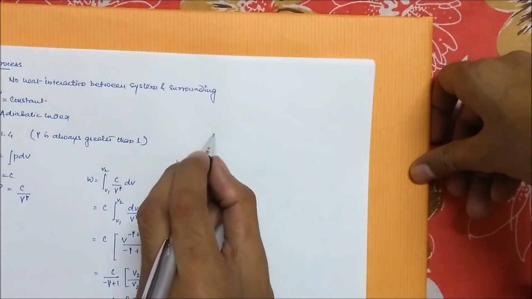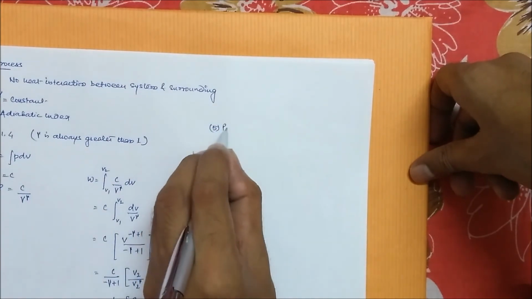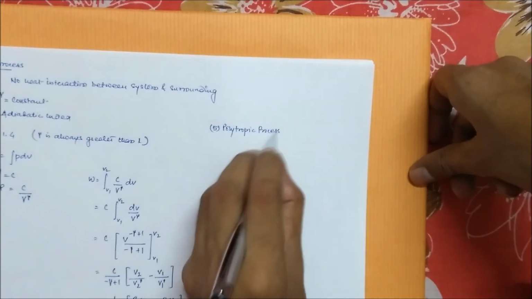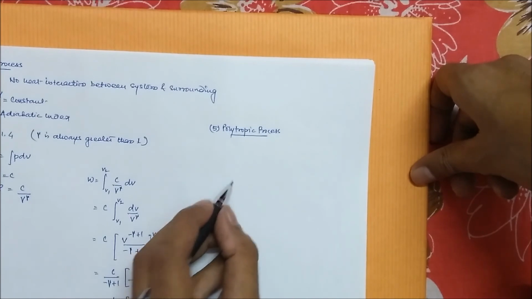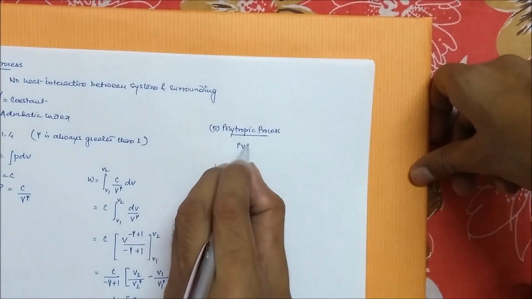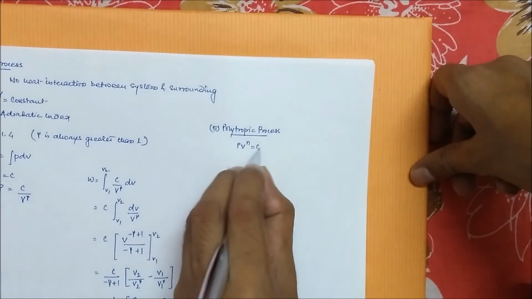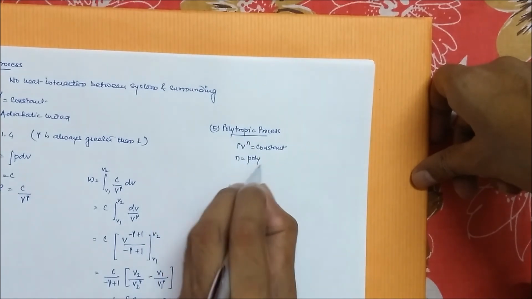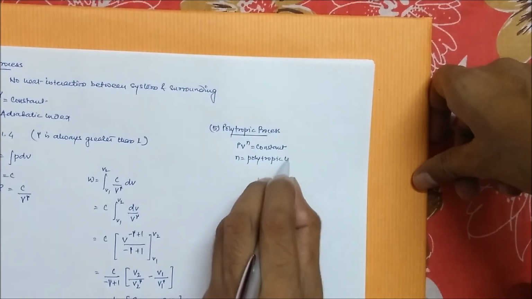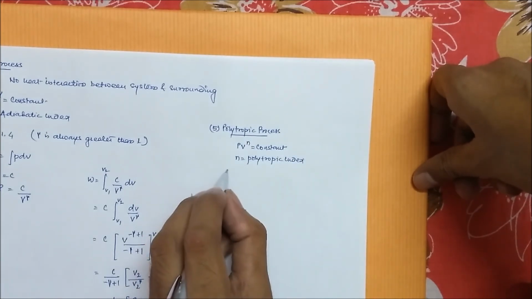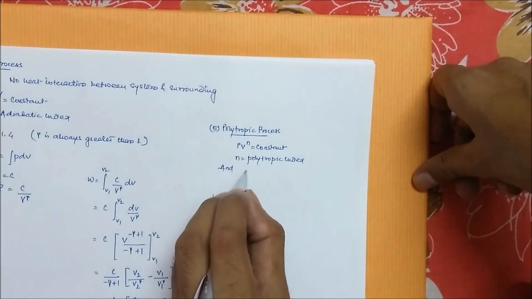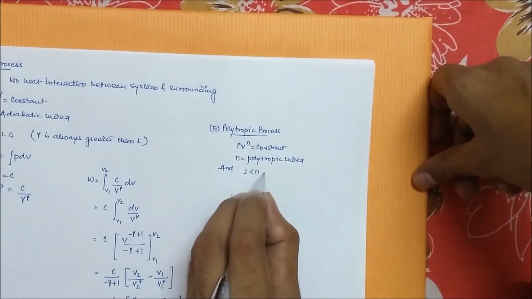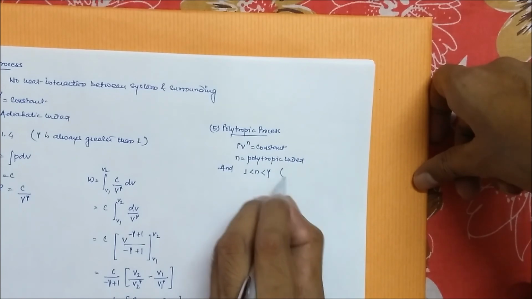For polytropic process, the polytropic law is PV to the power n is equal to constant, where n is the polytropic index, and n is greater than 1 but less than gamma always.